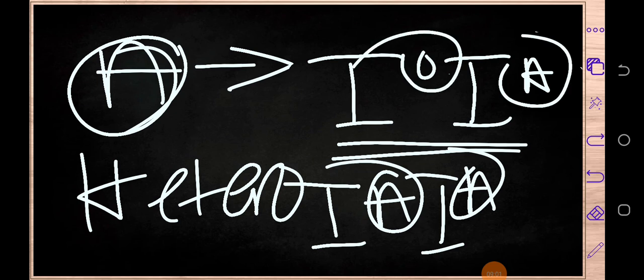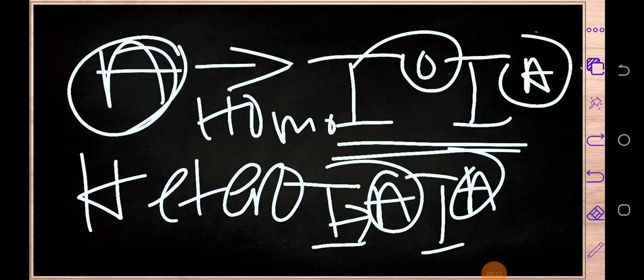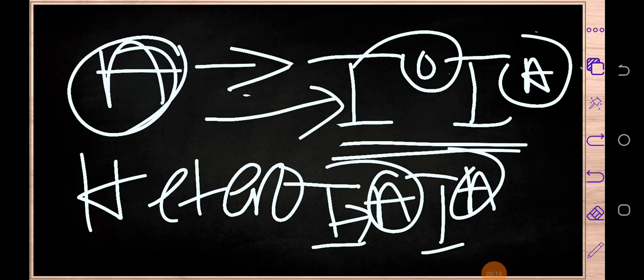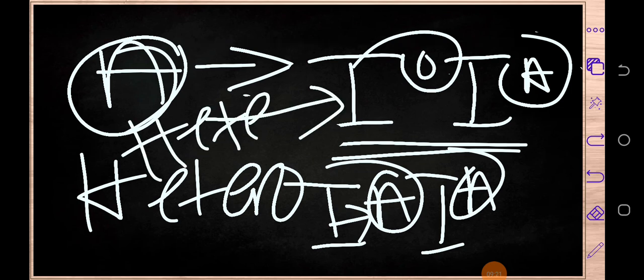So blood group A has two types. It has homo, which is right over here. Then at the same time, blood group A has heterozygous.